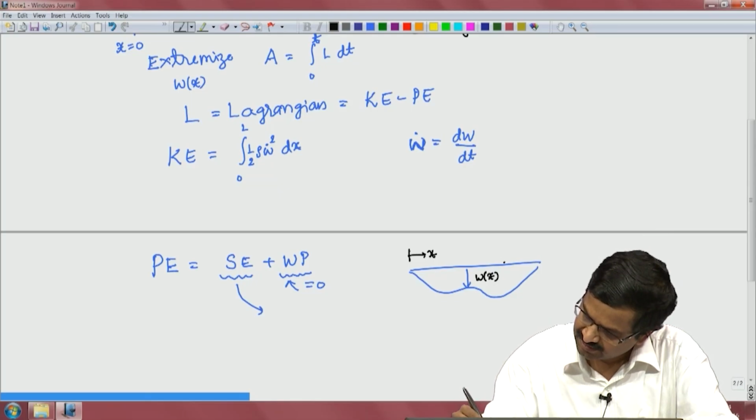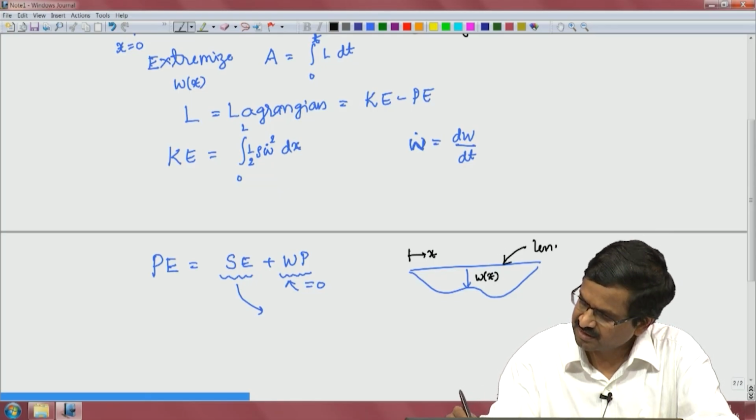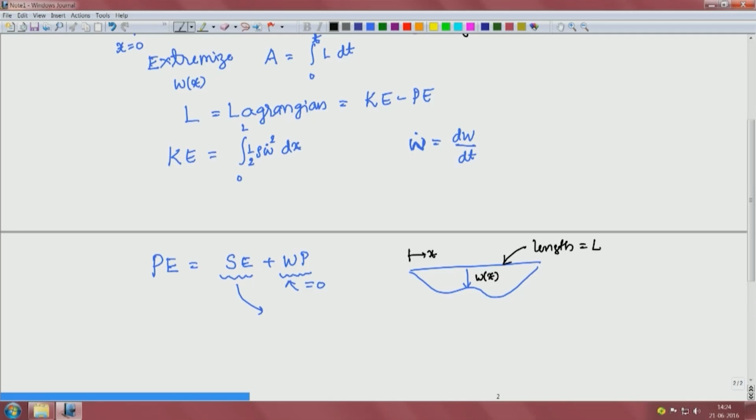We know the length is equal to L before stretching. What is the length of this curve? This is the changed length. The difference of these two times T will be the strain energy, or internal energy, stored in the string.